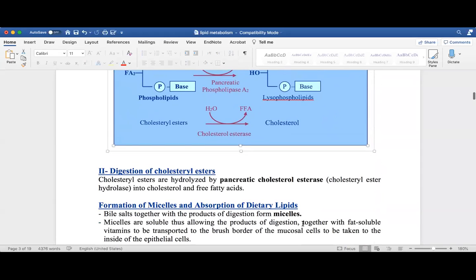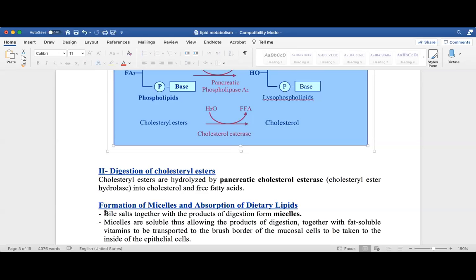All these things are emulsified with bile salts and make micelles. I don't know a synonym in English. If we take an oil and add a drop of soap, you will get a micelle. A micelle is a white-colored liquid of emulsified, water-soluble lipids.